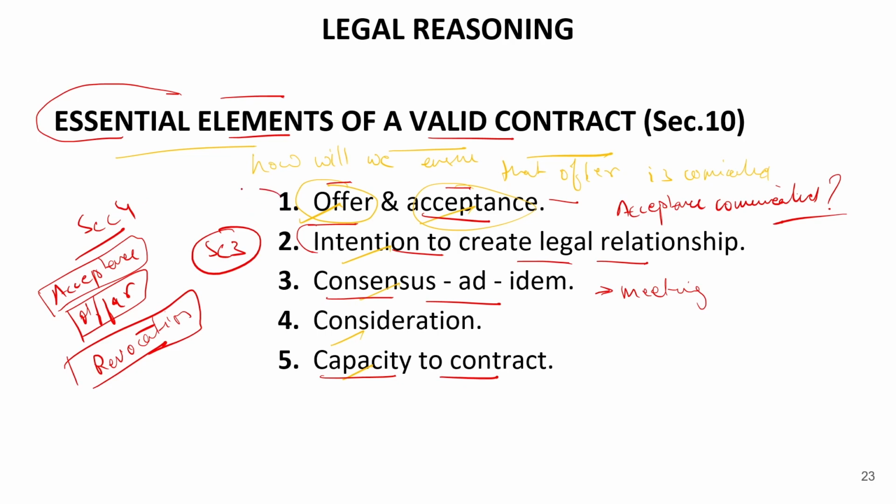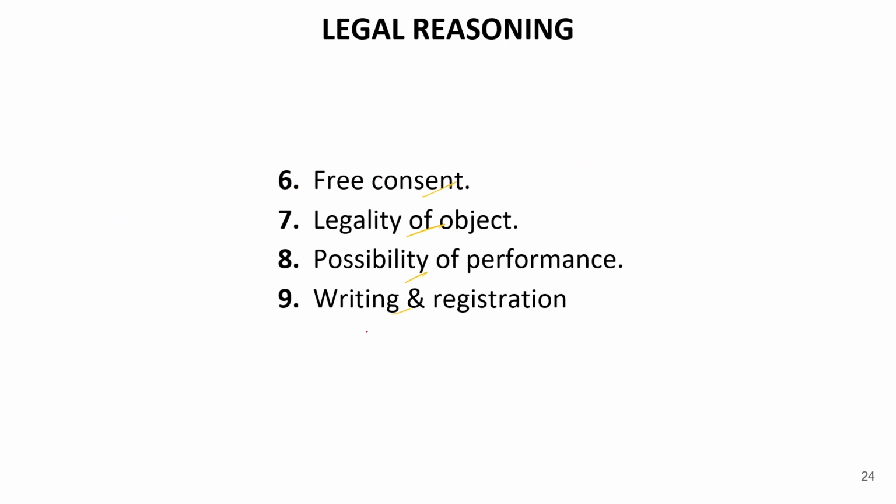We have talked about offer. Offer has been mentioned under section 2A, which talks about proposal. Acceptance means accepting the offer. Once we are clear with that, we will talk about free consent, what exactly the lawful object is, and whether writing and registration are important.